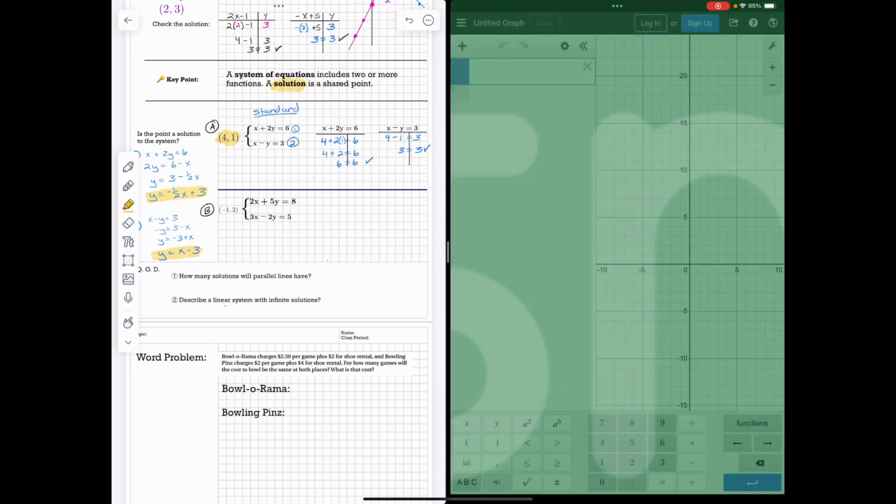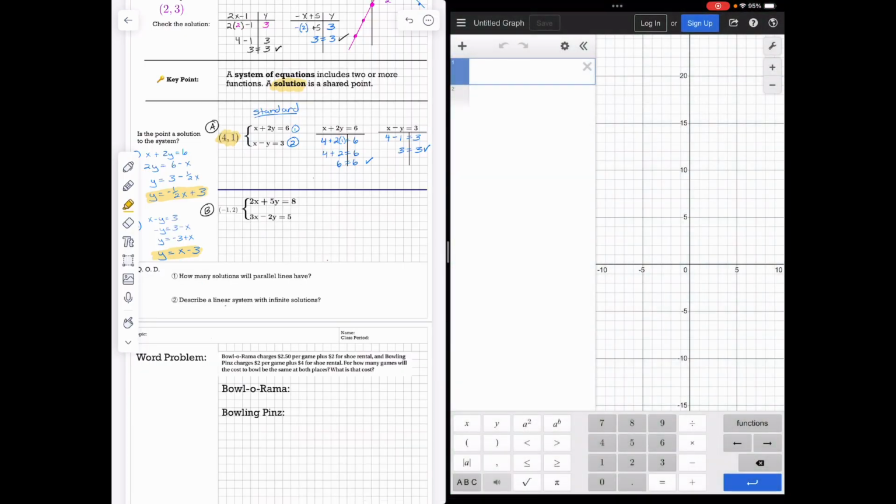All right, so on Desmos, I type in my first line. Y equals, and in parentheses, negative 1 divided by 2. Close parentheses.